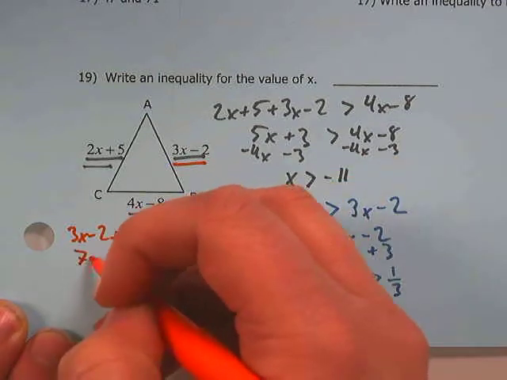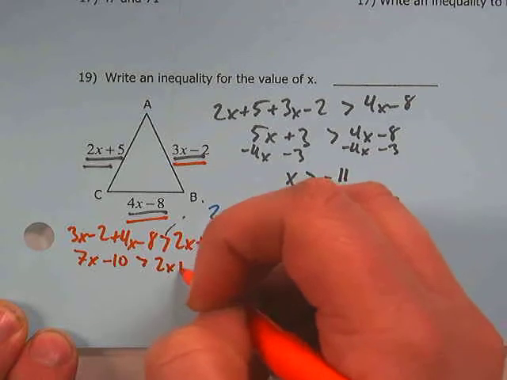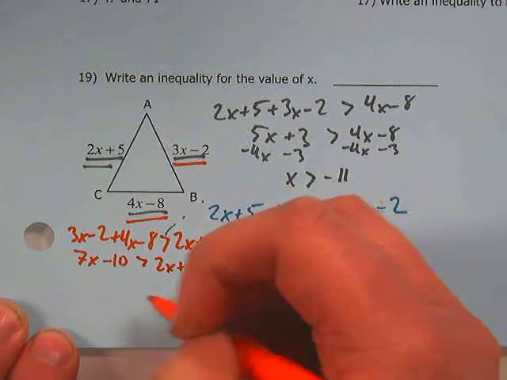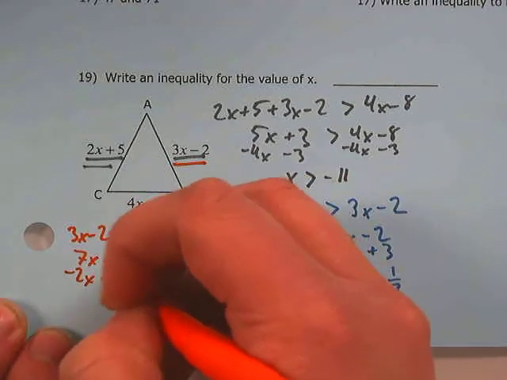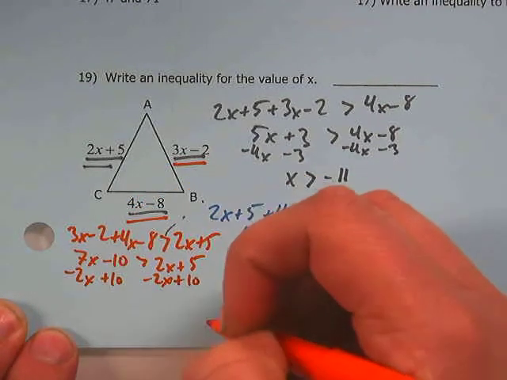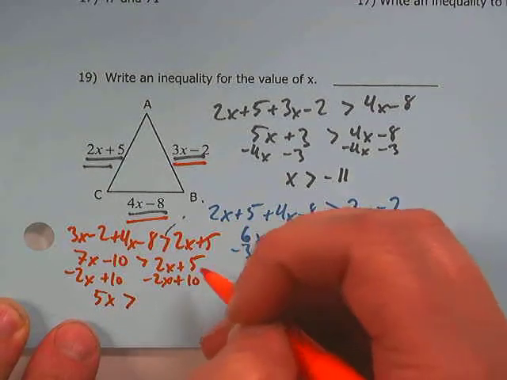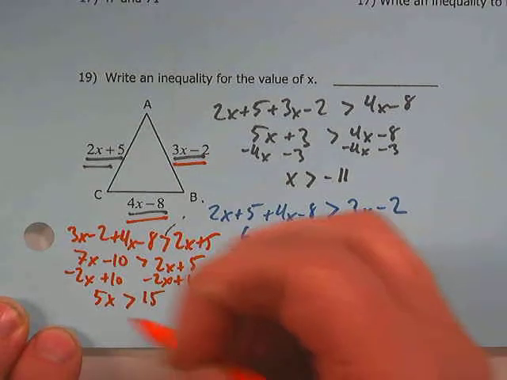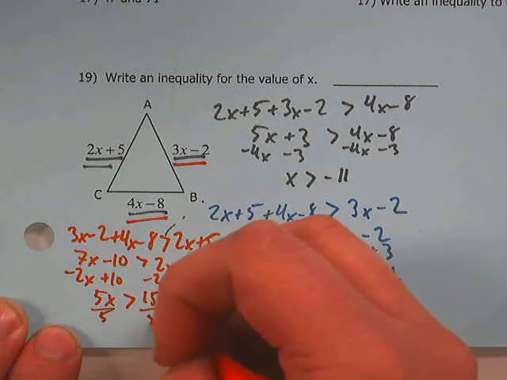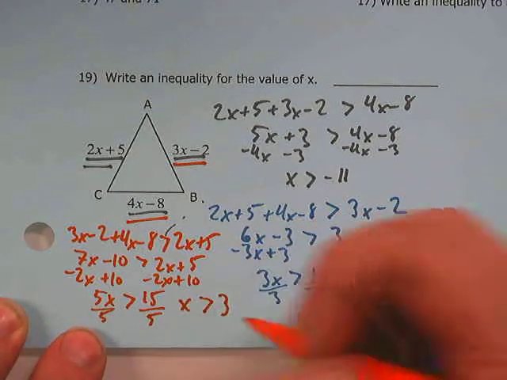So we have 7x over here minus 10. And then we can subtract 2x from both sides and add 10 to both sides. So we get 5x is greater than 15. Dividing by 5 on both sides, we get that x is greater than 3.